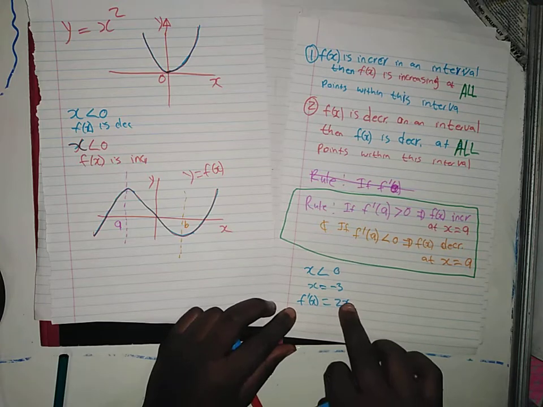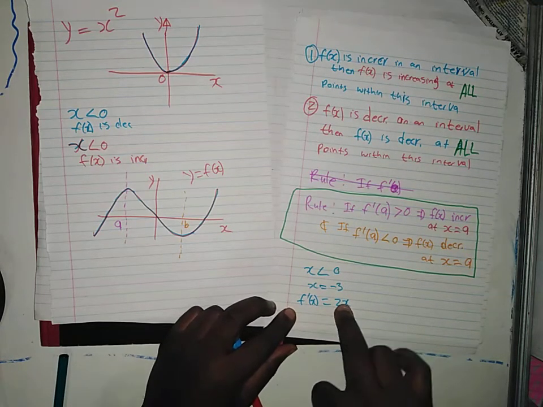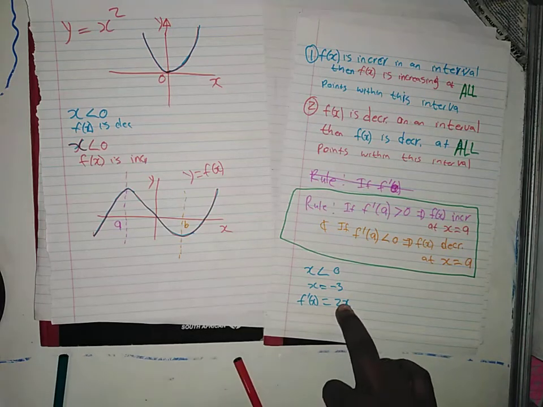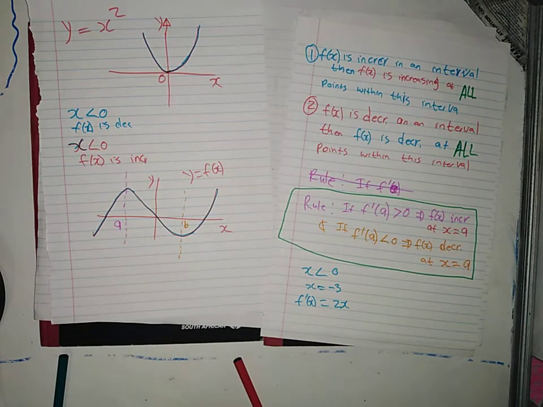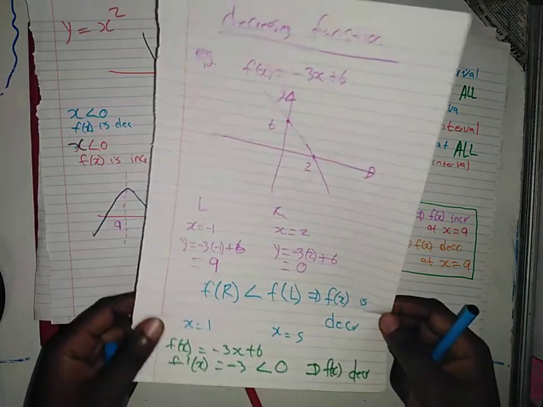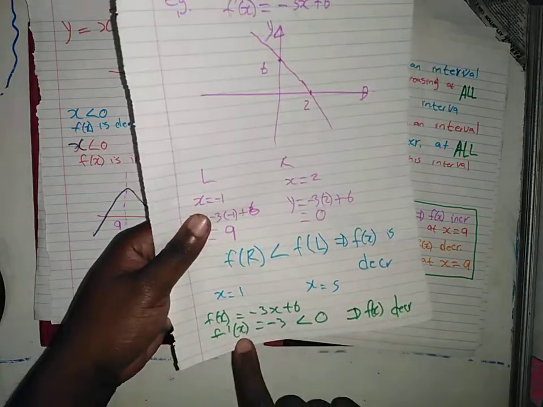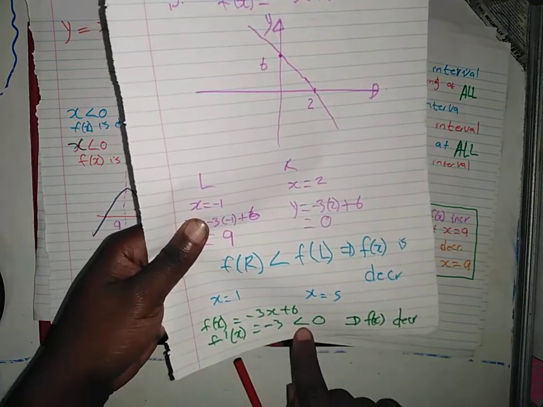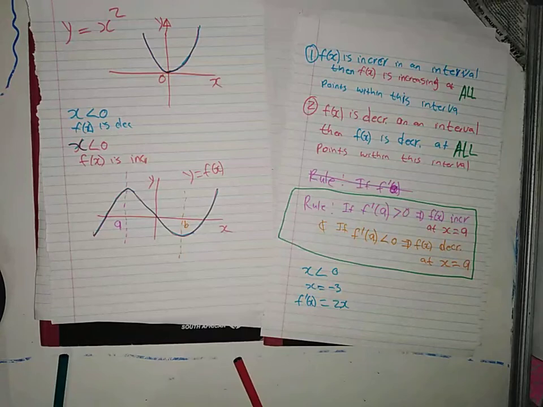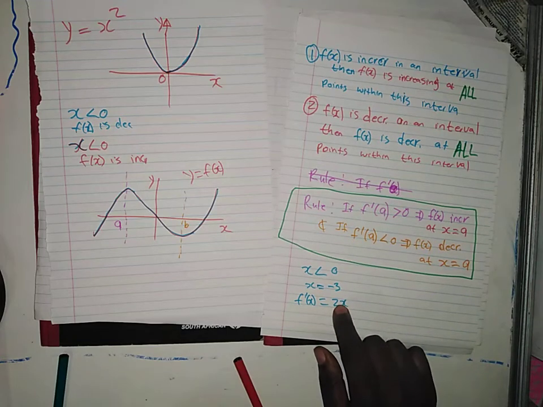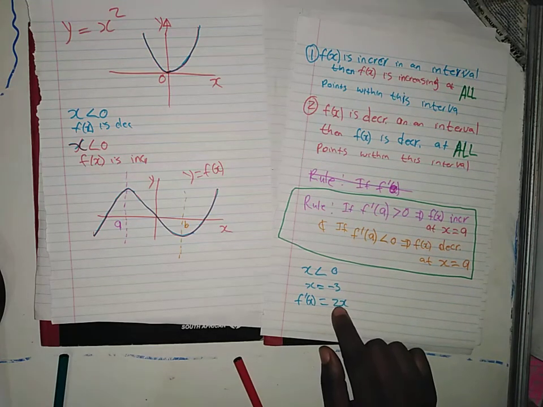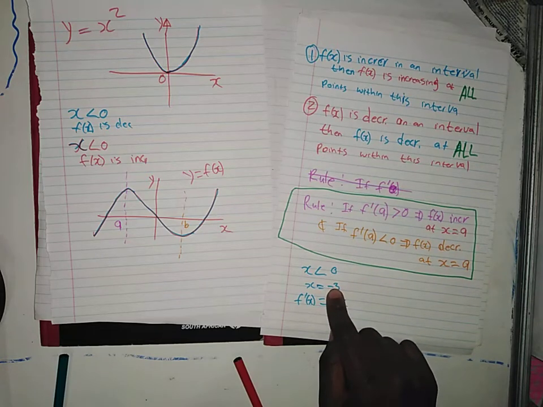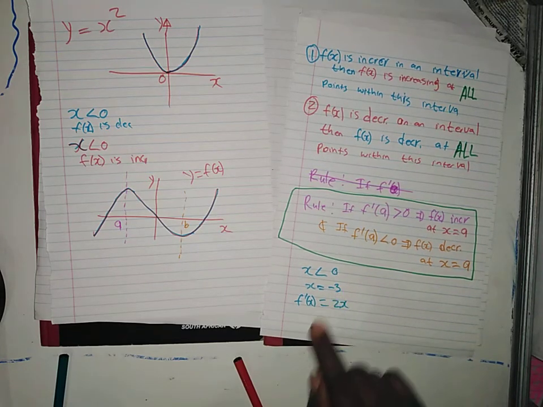Now because there is x, remember x is an unknown. Remember earlier when we found f prime at x, it was a number without any x, so we knew that this is a number that is less than 0. But here we've got 2x. Now there is an x that we do not know, so we do not know whether this is positive or negative. We will only know that once we've substituted. Luckily we have it here.